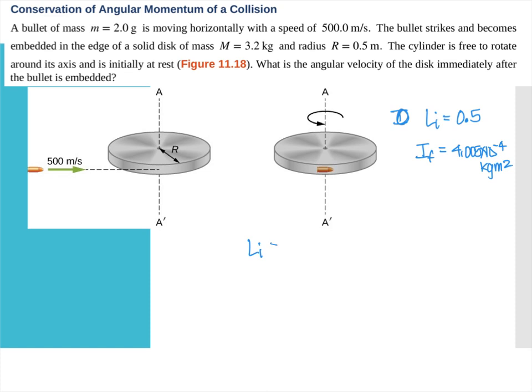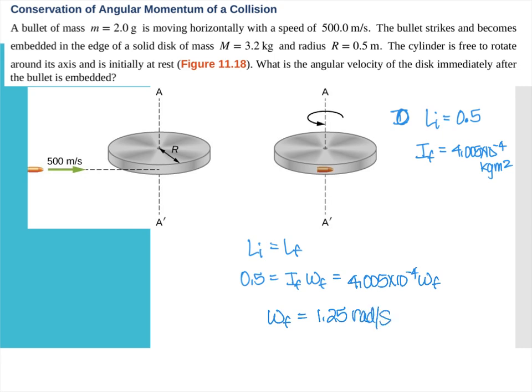So initial equals final: 0.5 equals I final times omega final, which equals 4.005 times 10 to the minus 4 times omega final. Omega final turns out to be 1.25 radians per second.